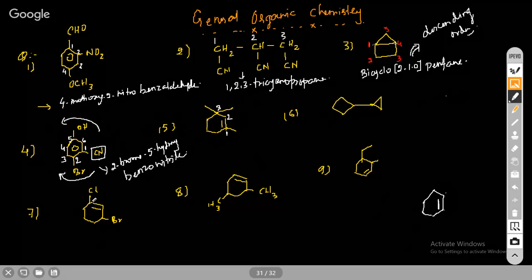This one again, the ring contains a double bond. So we'll start numbering from the substituted double bond, 1 and 2 and 3. So 3 bromo, 1 chloro, cyclohexene. Okay. Similarly, when you do this one, what is the numbering in this? You tell me. Eighth one.